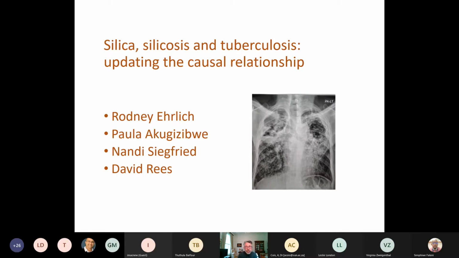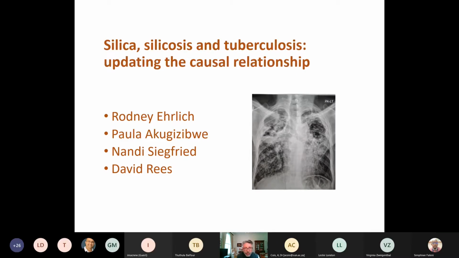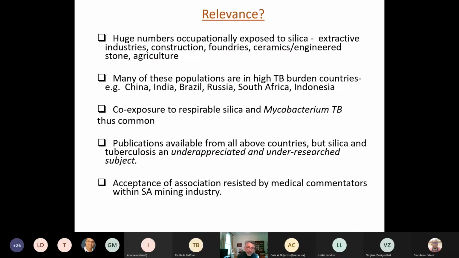So besides the prologue, what is the relevance globally? Well, there's still huge numbers of workers occupationally exposed to silica. All the mining sectors, the extractive industries, they're called, construction, foundries, iron foundries, ceramics and engineered stone, and indeed agriculture as well. Many of these silica exposed populations are in fact in high TB burden countries as defined by the World Health Organization, particularly in numbers: China, India, Brazil, Russia, and South Africa.